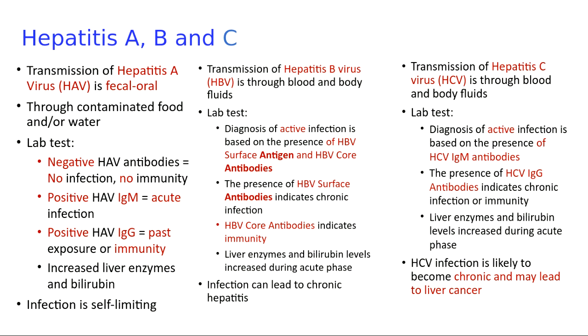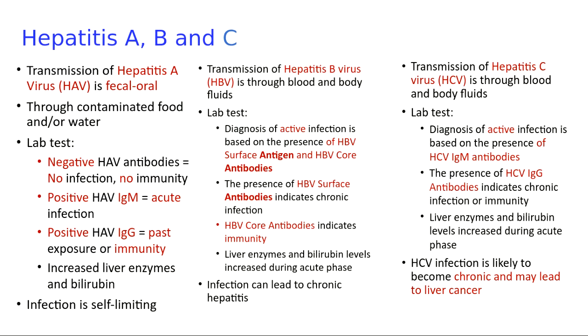Hepatitis B and C are both transmitted through blood and body fluids. So any activity in which you share blood or body fluids can lead to infection with Hep B and Hep C. So what is the difference between them? Well, hepatitis B is a more complex virus. It's a DNA virus, and it has a core, an envelope, and a surface.